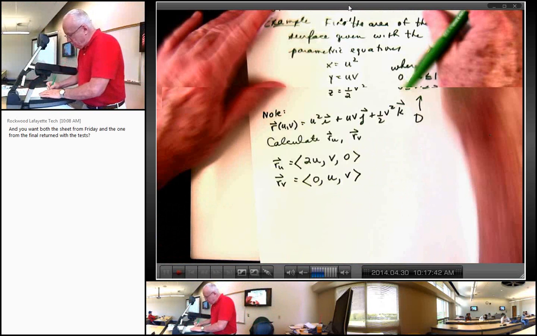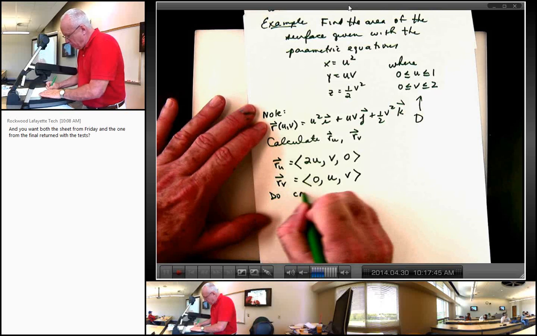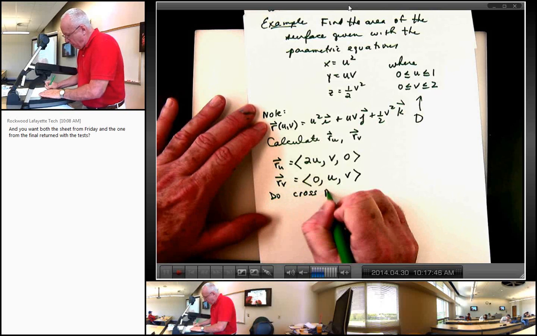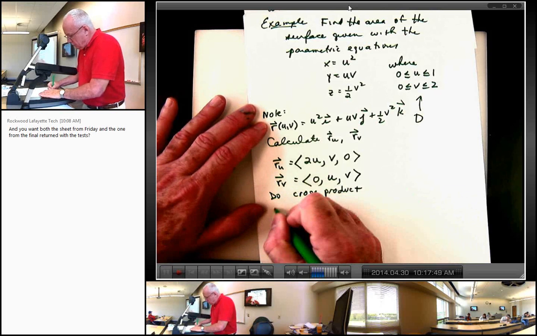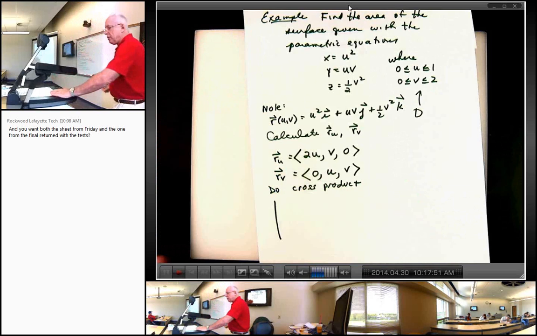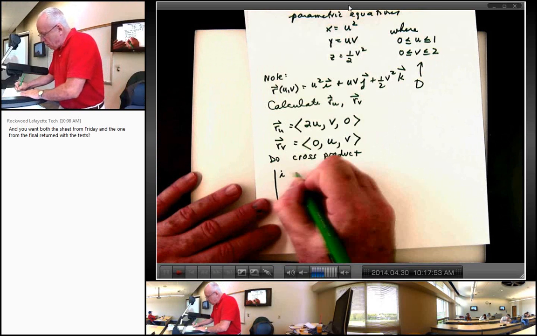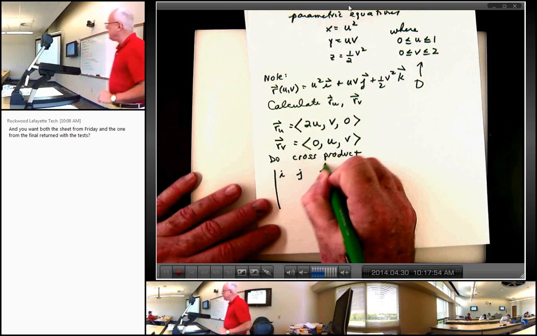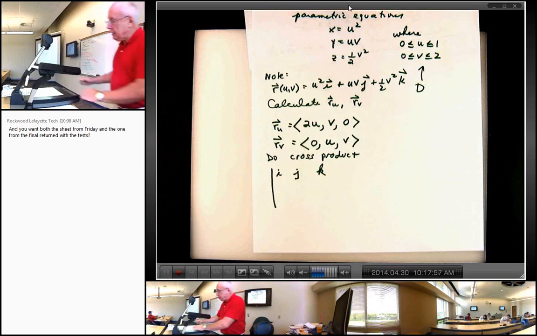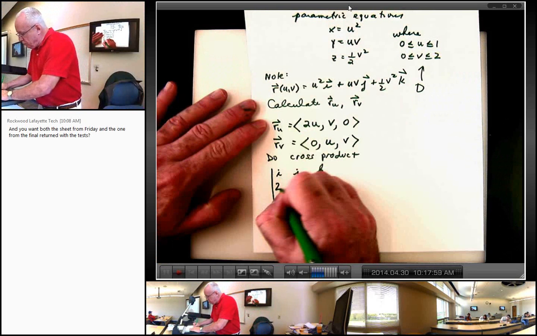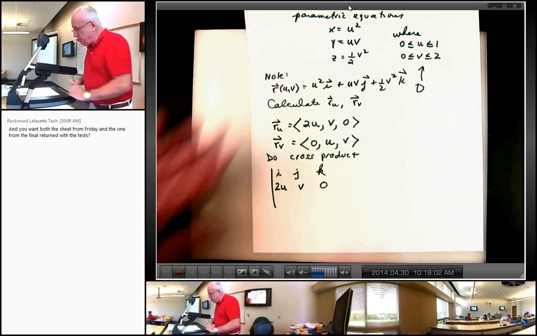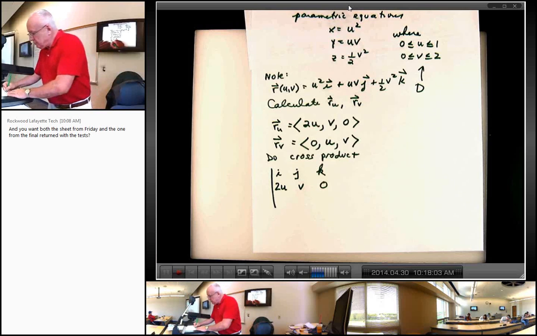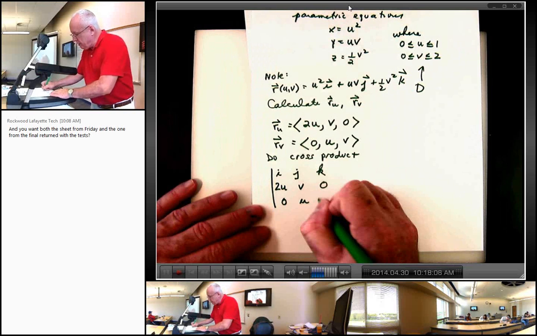Now we have to do the cross product. Remember, we set up that 3x3 matrix. Across the top, we put i, j, and k. Then let's put R sub u next, 2u, v, and 0. And then R sub v, 0, u, and v.